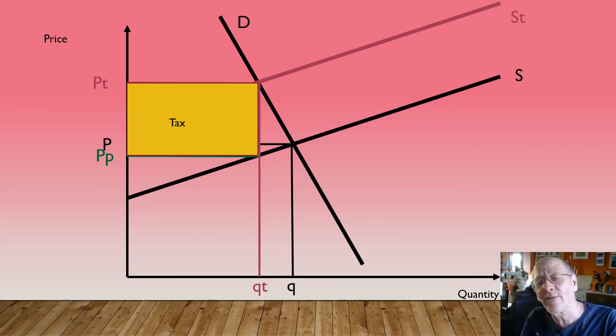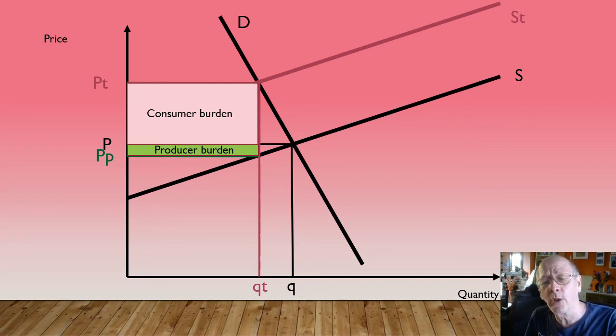Remember that was 540,000 quid on my original example. And of that, the pinkish rectangle shows the consumer burden and the green rectangle shows the producer burden. Now, depending upon how you draw the diagram, sometimes the producer burden is bigger than the consumer burden, depends entirely on elasticity of demand.